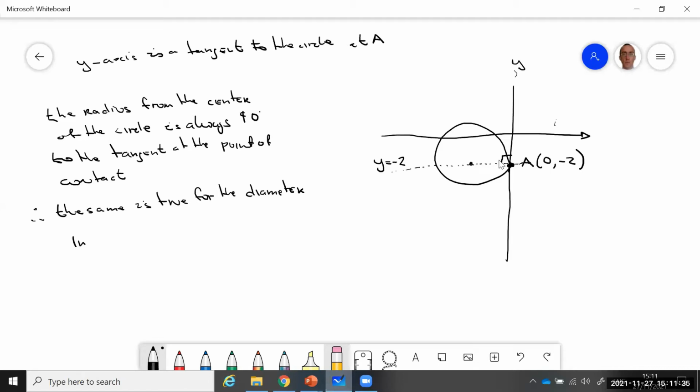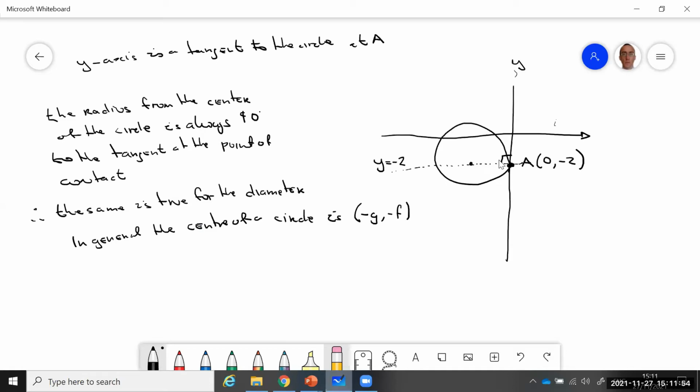But in general, okay, we know from our course that in general, the center of a circle is -g, comma -f. Okay, right?